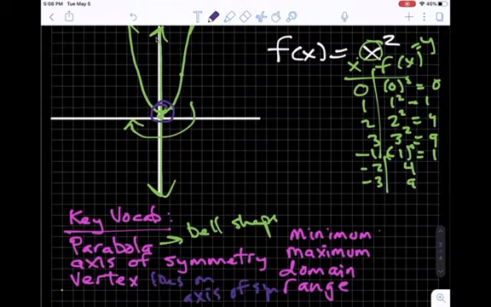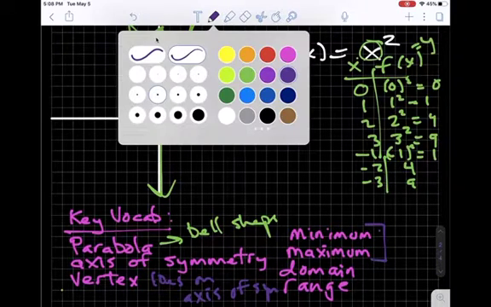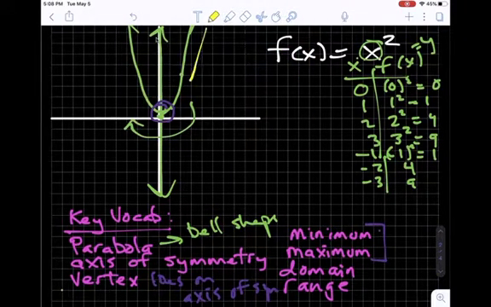And then you have these two terms, maximum and minimum. These parabolas are going to have either a minimum point or a maximum point. If you look at this one right here, it does not have a maximum, because both of these sides go off to positive infinity in the y direction, right?